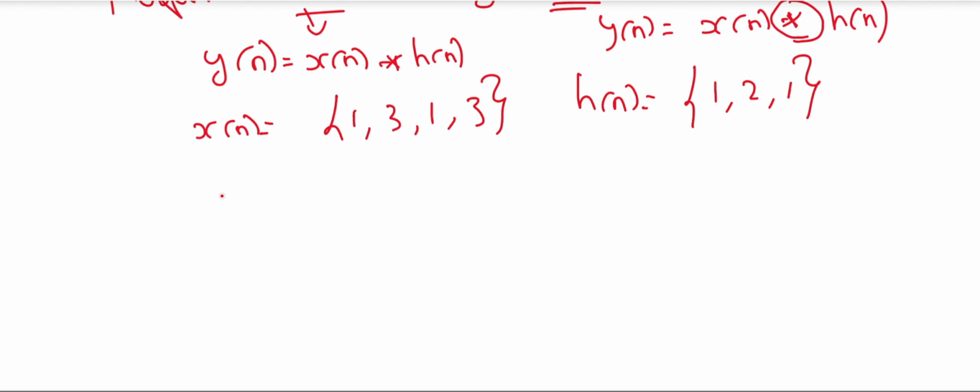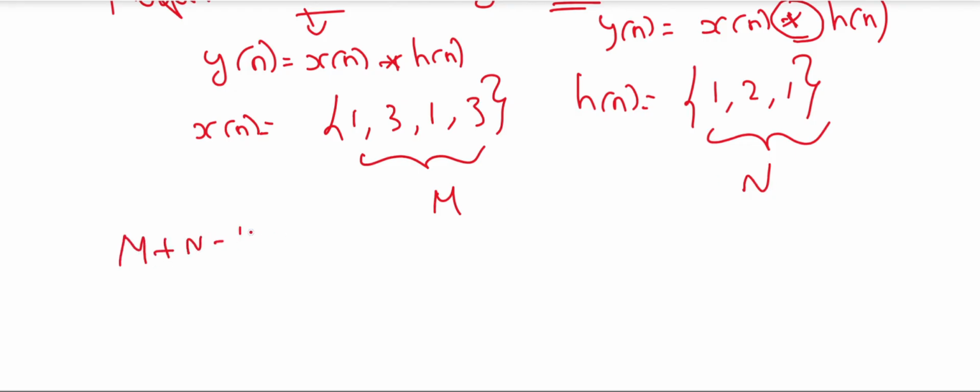Now, we will take the example: x of n is 1 3 1 3, so m is the sequence length, and h of n is 1 2 1, and n is its sequence length. So, m plus n minus 1, in linear convolution, is 4 plus 3 minus 1, which is 6.